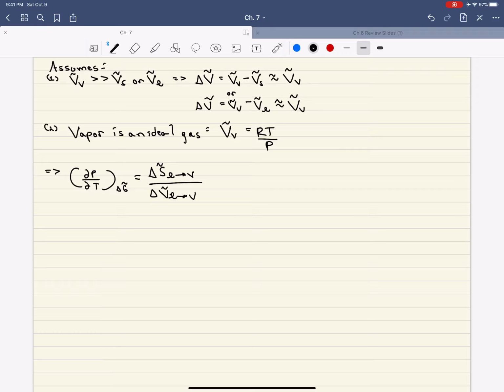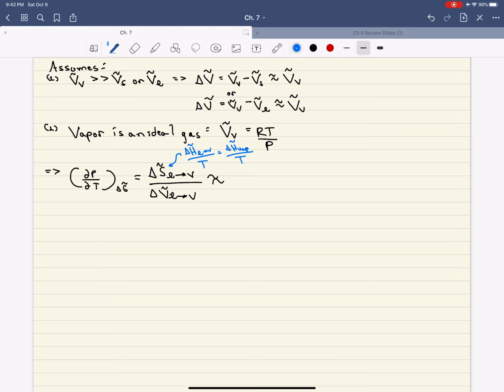And if you remember from our discussion on the temperature dependence of delta G, we saw that this delta S is equal to delta H over the transition temperature, which I'll just call, for the purposes of this exercise, T. So the liquid to vapor transition is delta H vap.